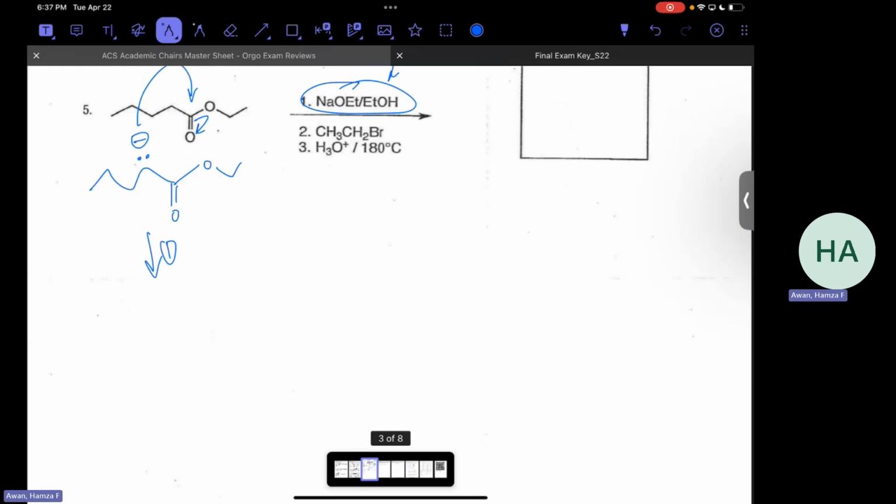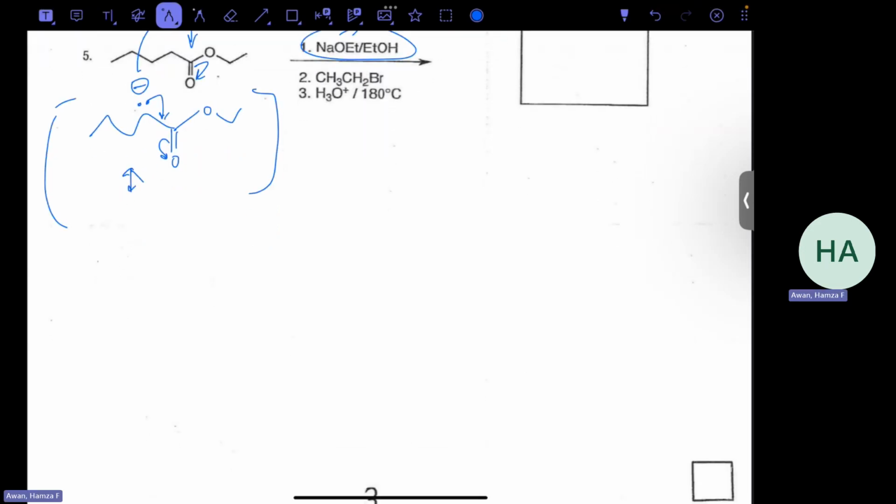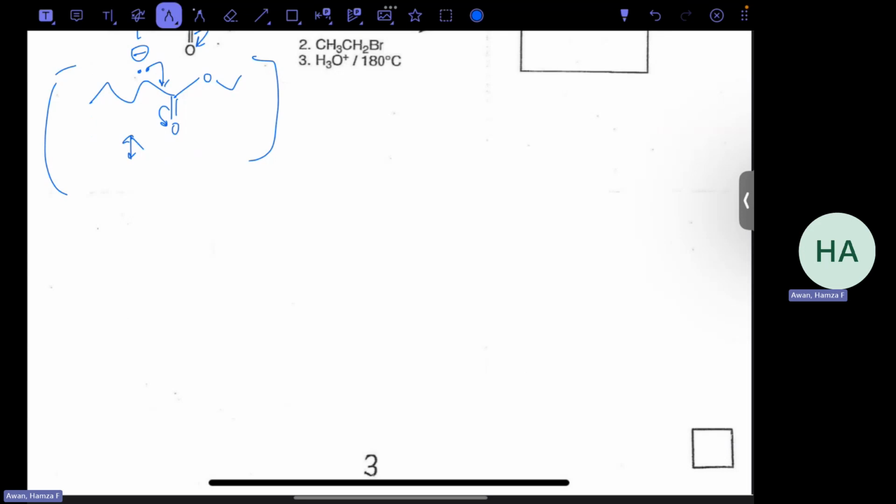Okay. So I think in this one, let me think. Yeah, I think in this one you do have to draw the resonance. So in this case, we have this, and then this is going over here. So we actually have more resonance structures than this too.